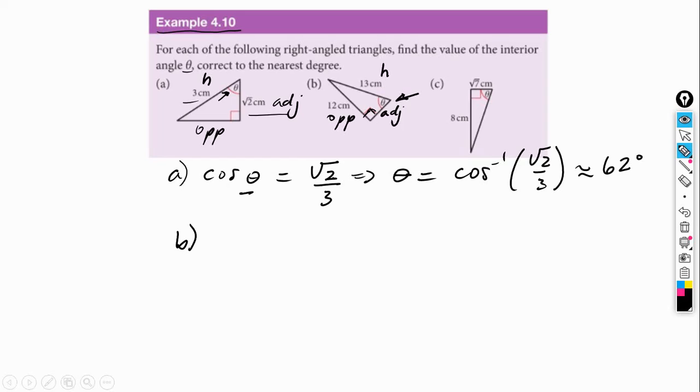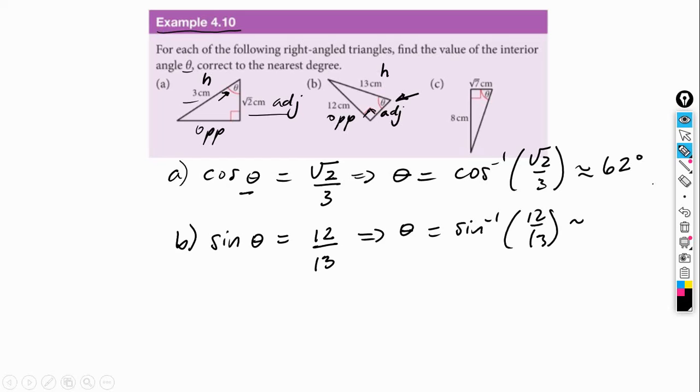So we can find theta using sine, because sine of theta is going to be opposite 12 divided by hypotenuse, which is 13. Then again, we proceed to find the angle by using the inverse trigonometric function, and that's going to be inverse sine of 12 over 13. Plug that into the calculator, and it's going to give you 67 degrees approximately.